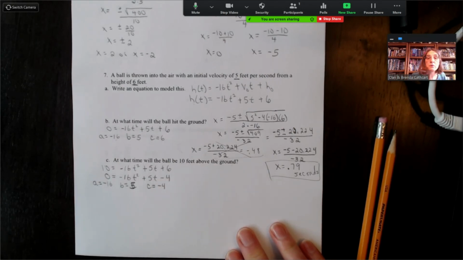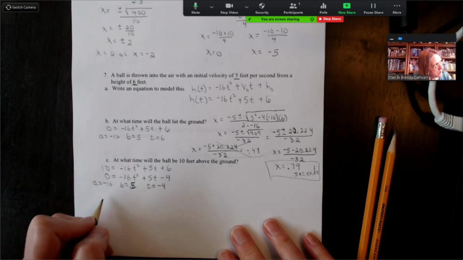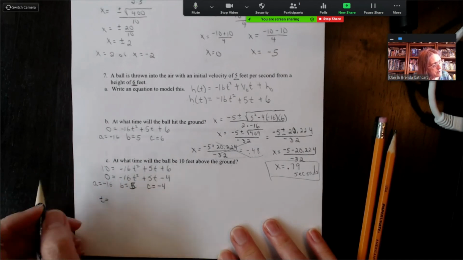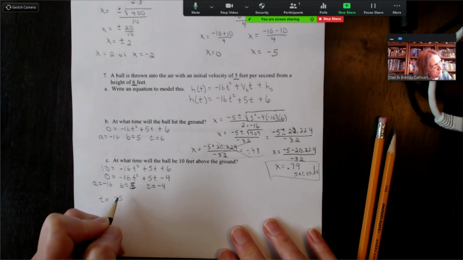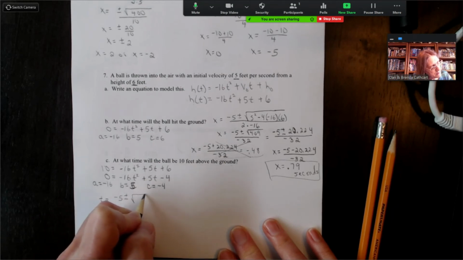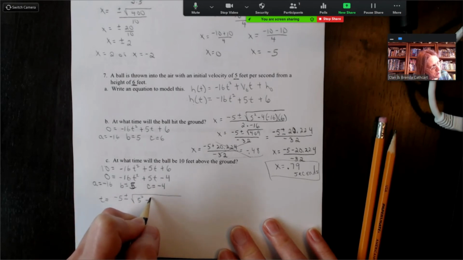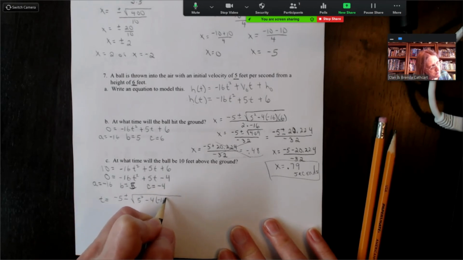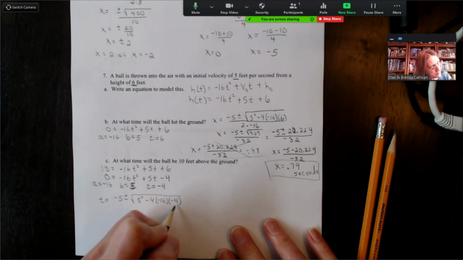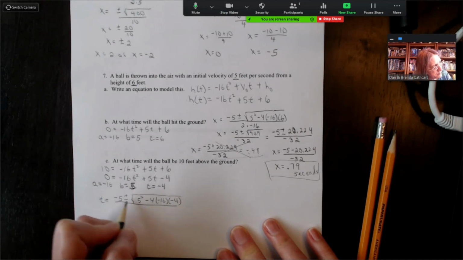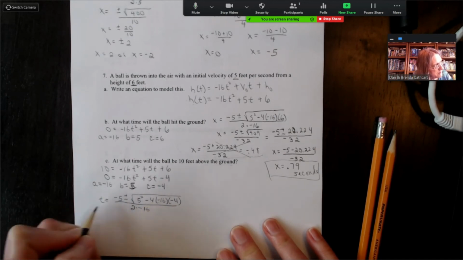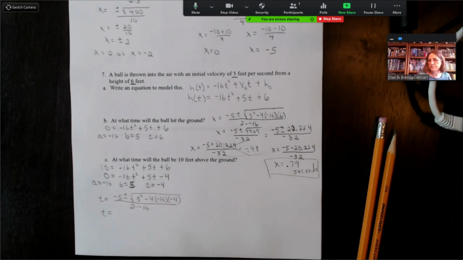Let's see what happens with this one. So we have time equals the opposite of B, negative 5, plus or minus our square root of 5 squared minus 4 times negative 16 times negative 4, all divided by 2 times negative 16. Let's see what we get this time.